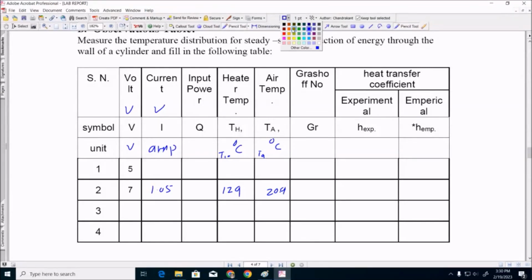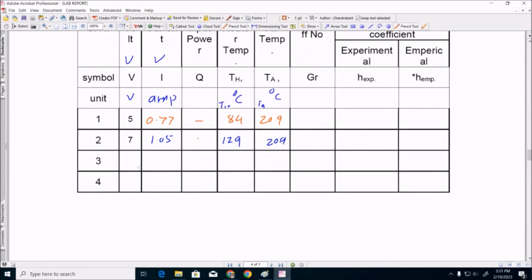And the second reading at 5 volt, the current is 0.77. This we'll calculate, and the temperature T10 is 84 degrees centigrade, and the atmospheric temperature is 20.9. Now we'll come back to the calculation part. So only 2 readings, no need of the other readings, only 2 is enough.